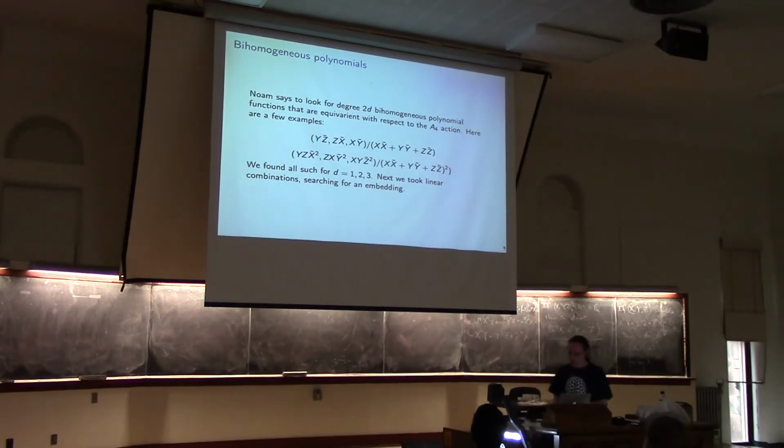There it is. So this is bihomogeneous because all terms have the same degree, and it's bi because they have the same degree in the regular variables and their complex conjugates. Okay? So there's the x, y, z, those are the regular variables. The ones with bars are complex conjugates, and we combine them in combinations in order to respect this A4 action before and after.